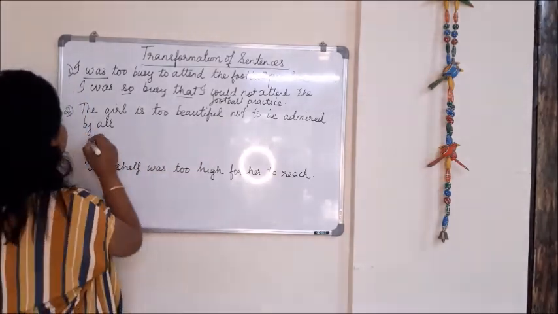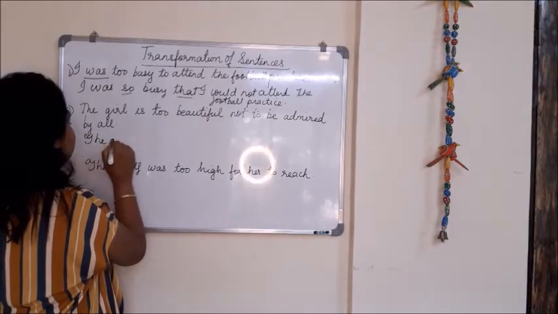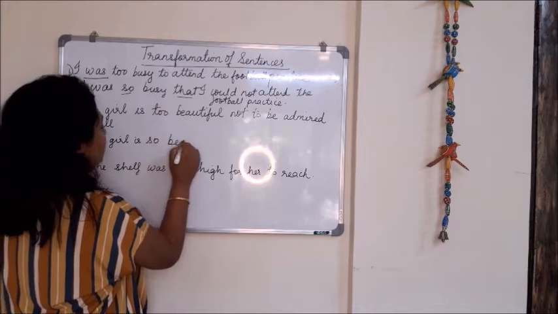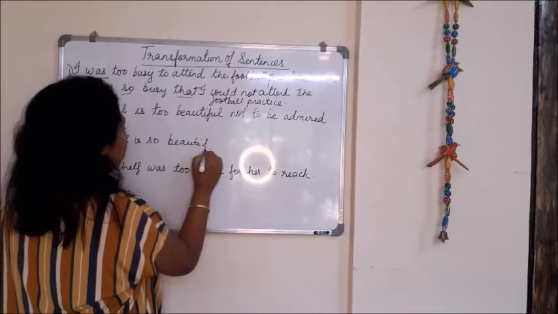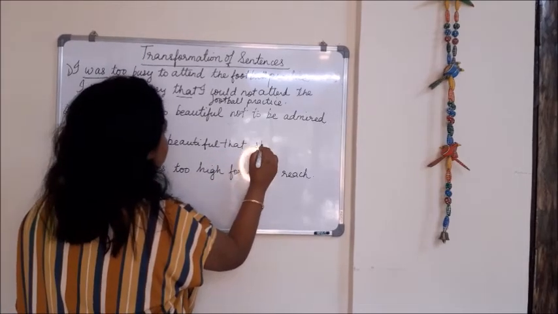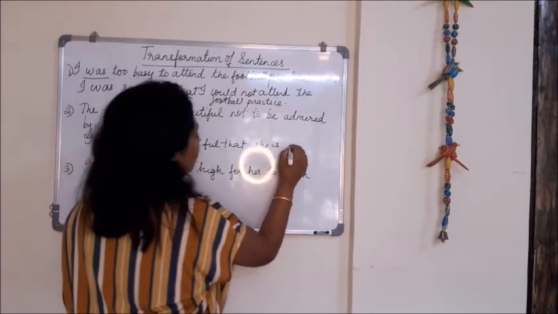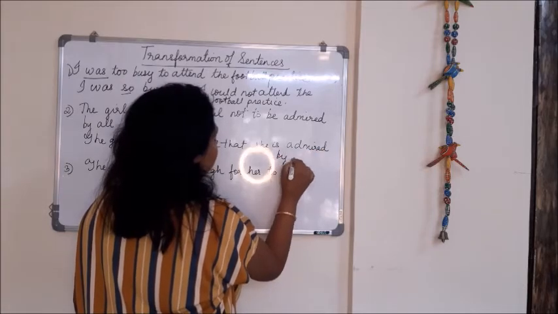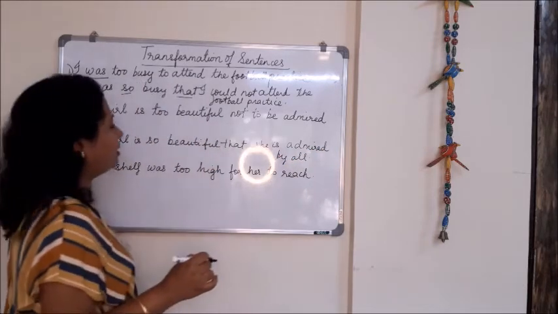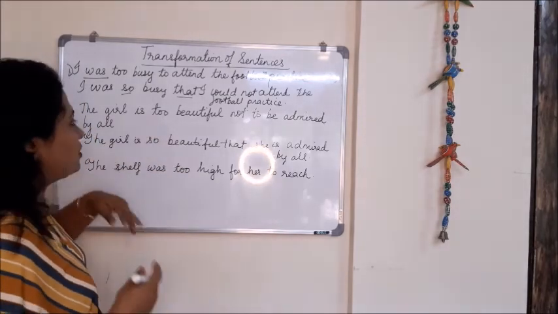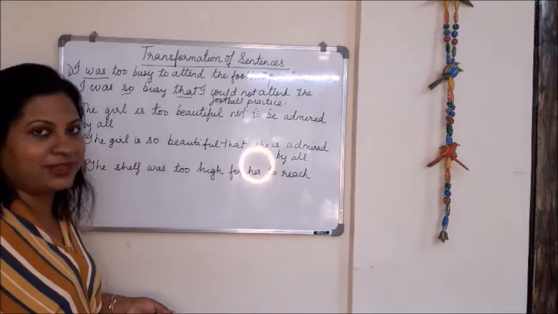So here it is going to be, the girl is so beautiful that she is admired by all. Okay, the girl is so beautiful that she is admired by all. In the first one it was too beautiful not to be admired by all.